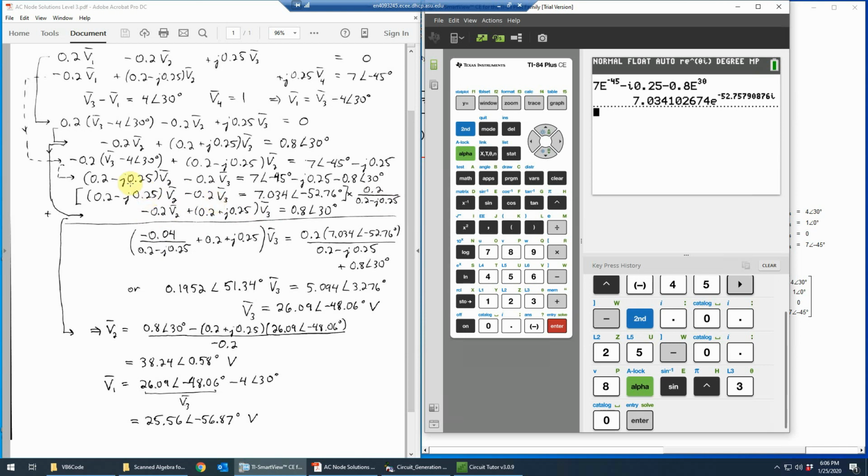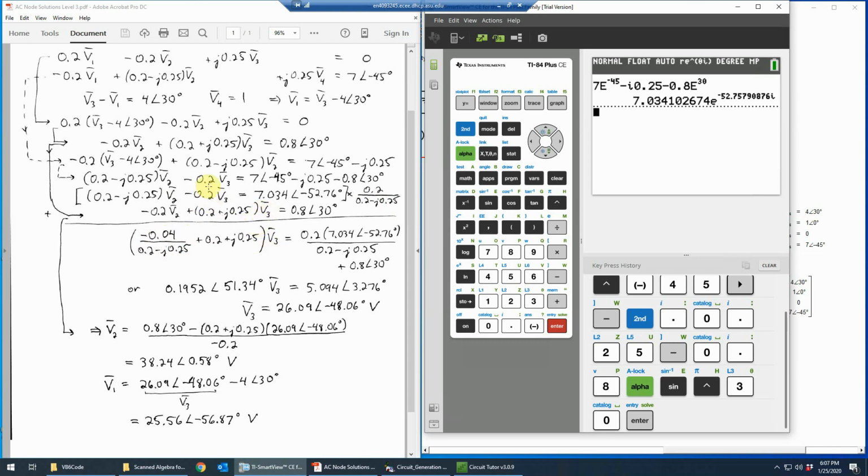This term we already know is going to be 0, so I don't need anything here. For V3 bar, I have negative 0.2 times 0.2, which would be negative 0.04, which I can do in my head, divided by this denominator, 0.2 minus j 0.25. That's times V3 bar, but I factored that out here.